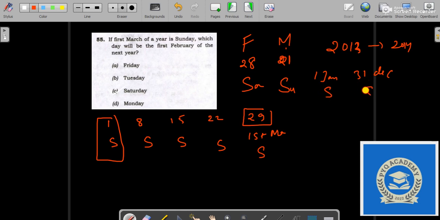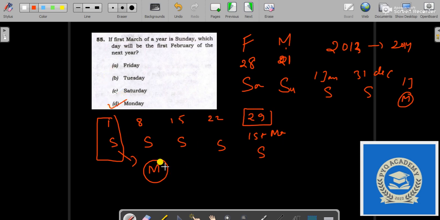Suppose it is Sunday, then 1 Jan next year will be Monday. So in a general year 1 day shifts. So if 1 Feb is Sunday, then next year 1 Feb will be Monday. So this was the logic. Our answer is option D.